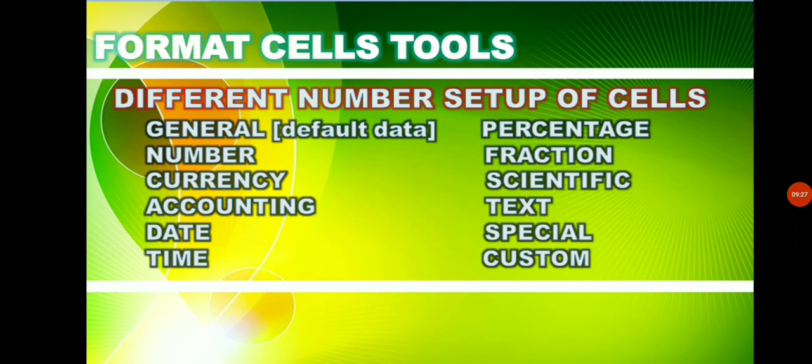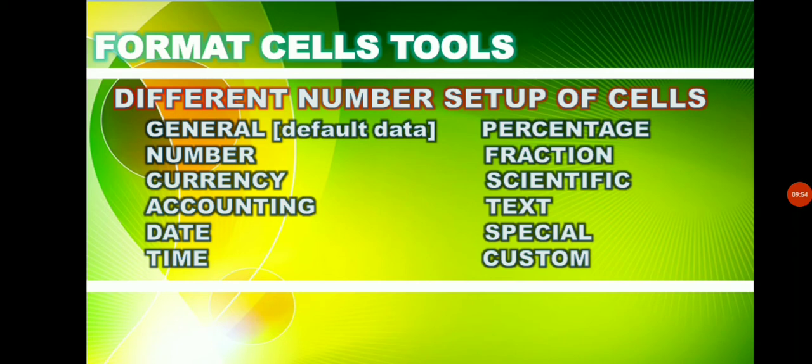A cell can be designed with a different number setup like the following: general, the default data, number, currency, accounting, date, time, percentage, fractions, scientific, text, special, and custom.